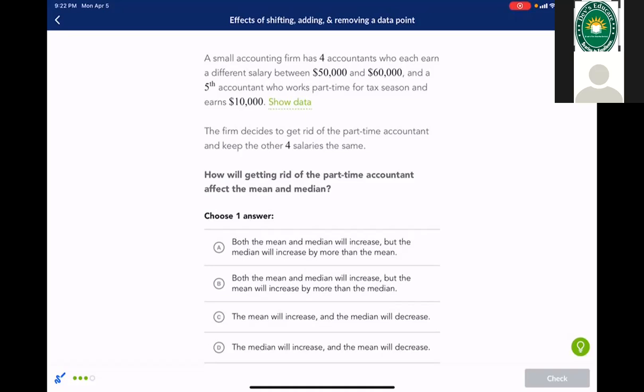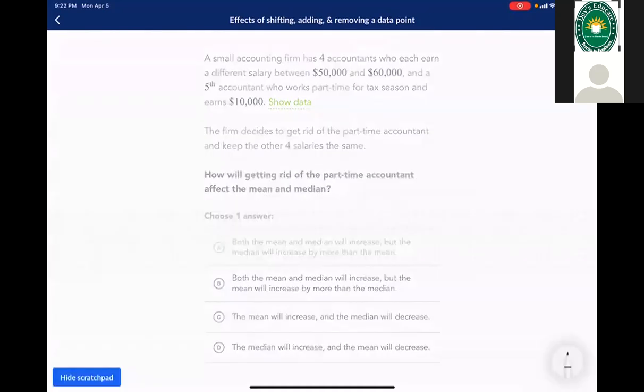So definitely the mean will decrease. And what about the median? The median will increase. Because it would go like 10,000, and then something between like 50,000, right? Like 50,200 or 50,300, and then it would go on, right?